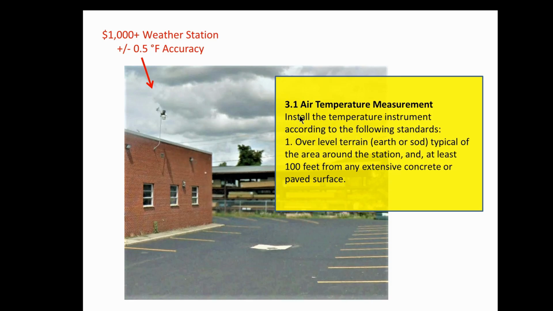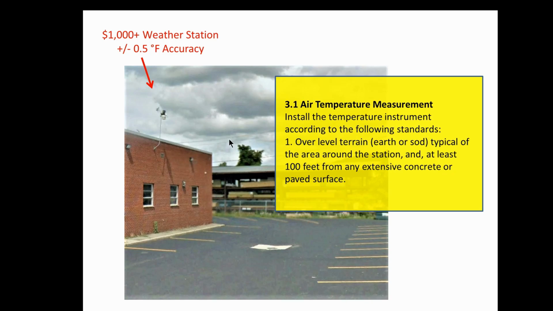In the National Weather Service document, section 3.1, air temperature measurement, it requires that you install the temperature instrument over level terrain, earth or sod, typical of the area around the station, and at least 100 feet from any extensive concrete or paved surface.